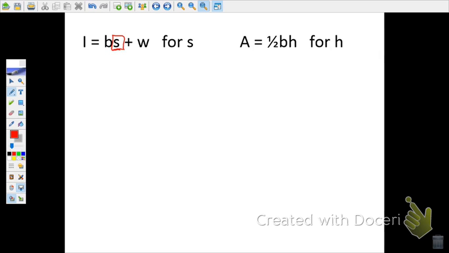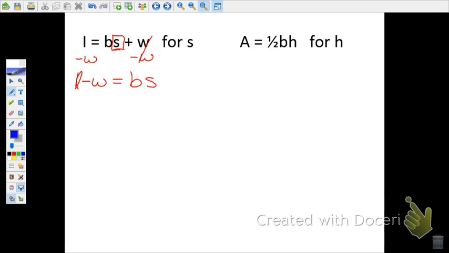Okay, just like when we have numbers, we start with the term away from the variable. Okay, so we're going to start with the W. Is that an I or an L? It's an L. Okay. So L minus W equals B times S.